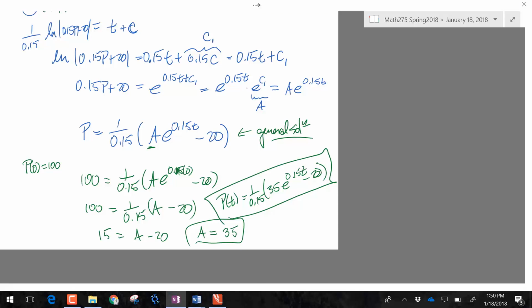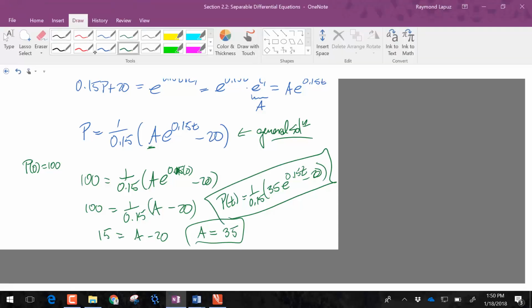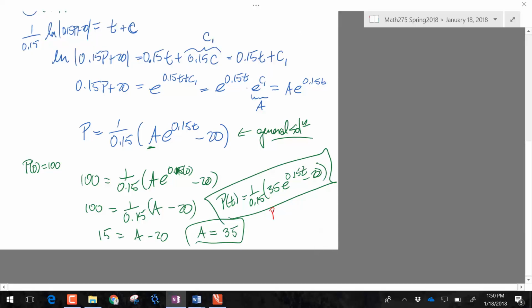And now we have our particular solution. Okay. All right, we actually solved our differential equation here. That's exciting.